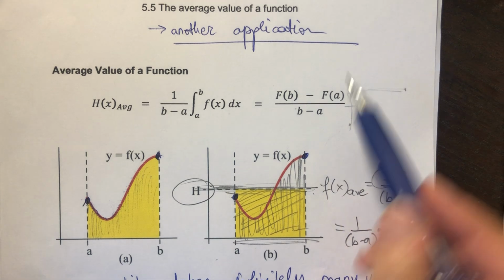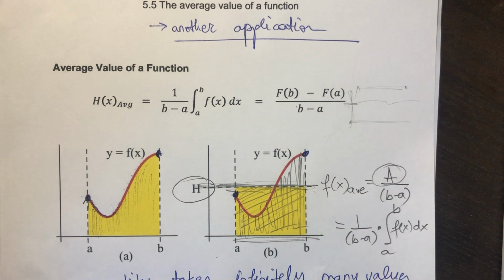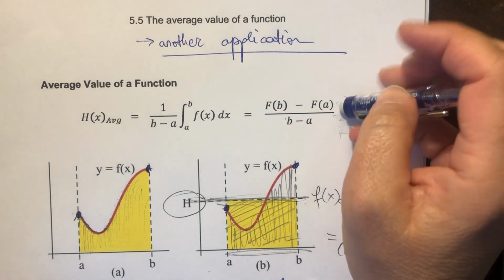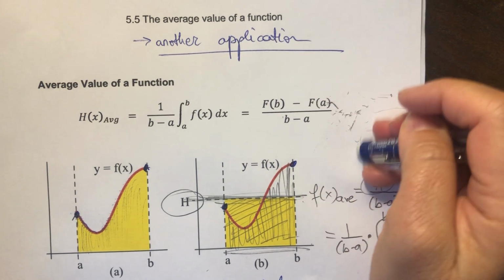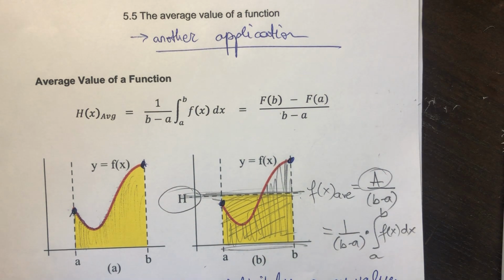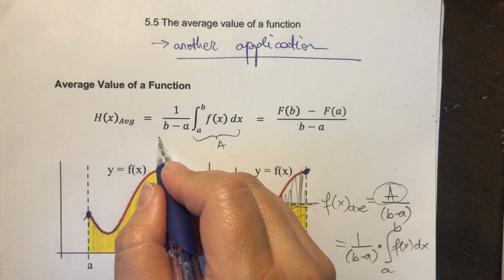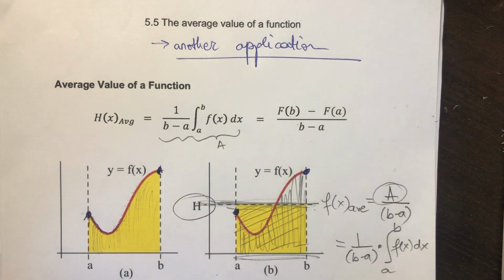So it's going to be this difference divided by the width of the interval. That gives you the average value of this function. Okay, so there's that. Actually, that's the antiderivative's value, not the function itself. So let's not go there. But again, this was your area, and this is the area divided by the width of the interval.